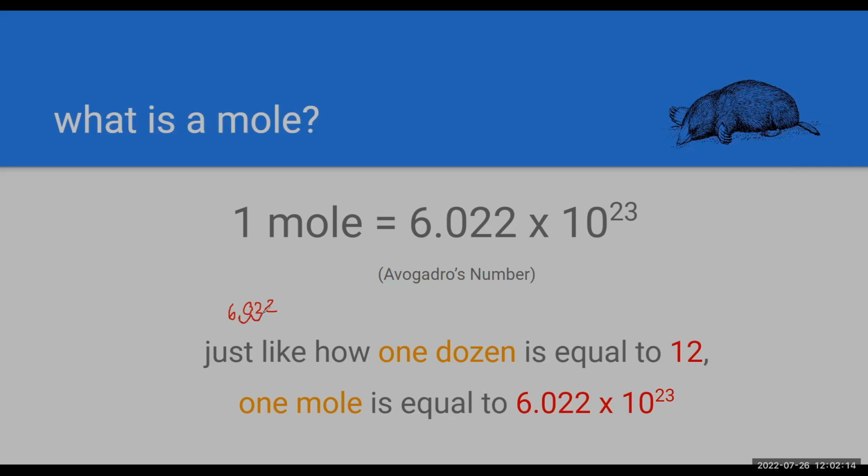So you go 1, 2, 3, 4, 5, 6, 7, 8, 9, 10, 11, 12, 13, 14, 15, 16, 17, 18, 19, 20. And you basically just throw in a zero in between all of them, all the way down. Just like how 1 dozen is equal to 12, 1 mole is equal to 6.022 times 10 to the 23rd. So yeah, they're both basically constants.